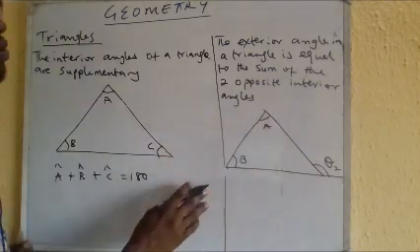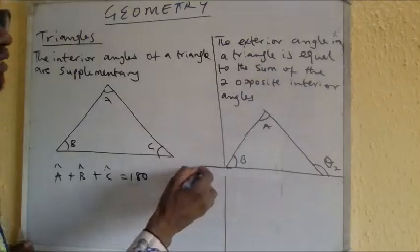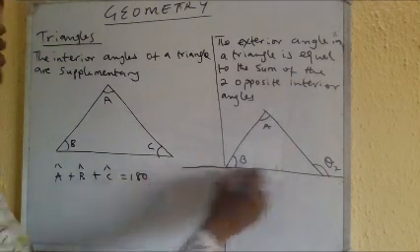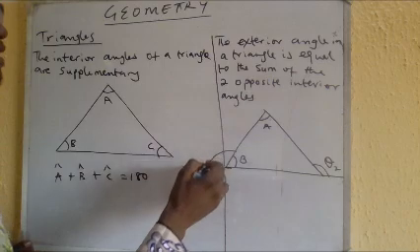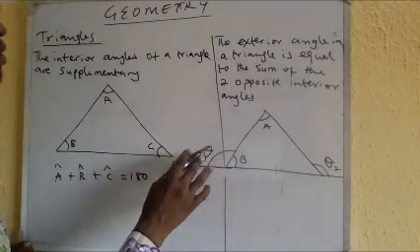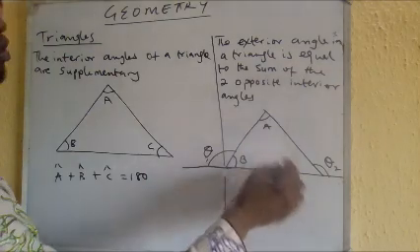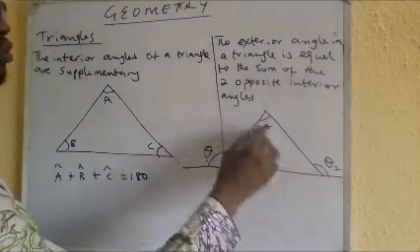If I extend it like this, so that this is a straight line all through, and I have this as theta 1, then theta 1 will be the sum of the two opposite interior angles. Let me call this one C.